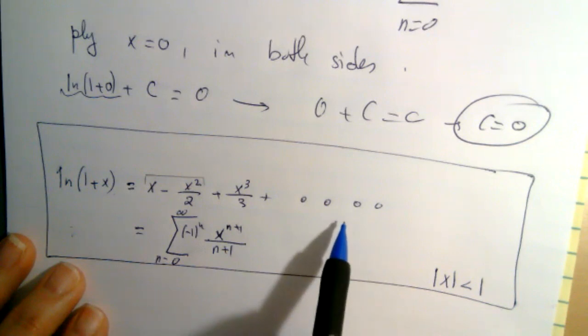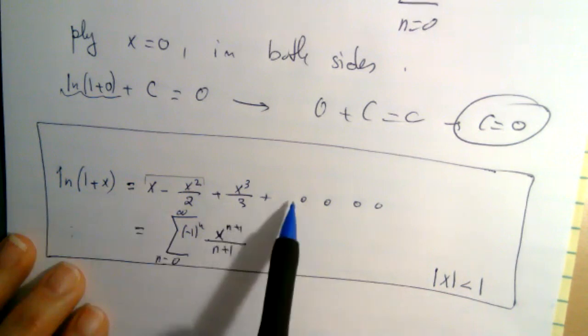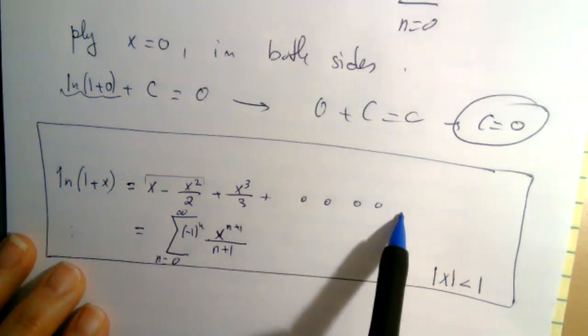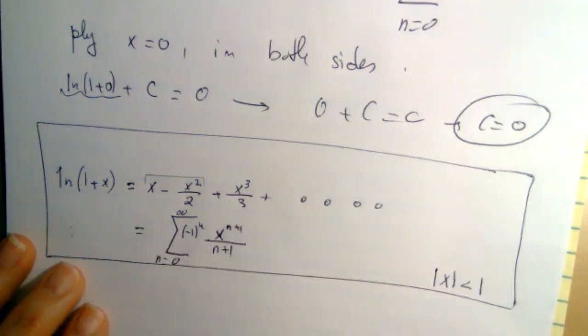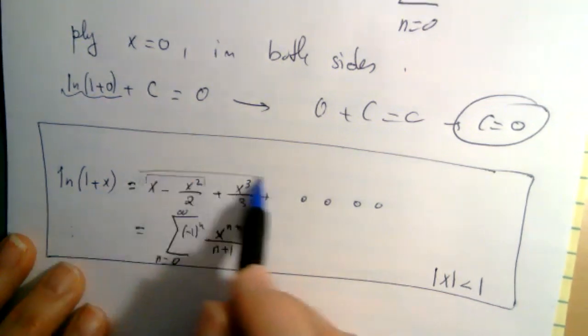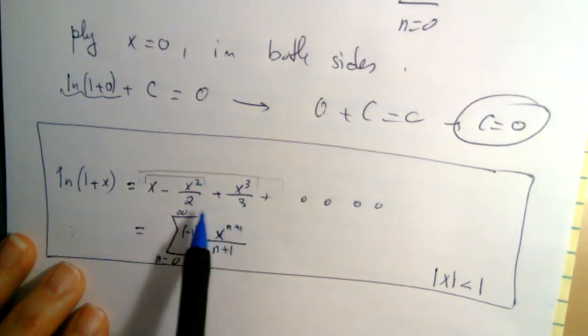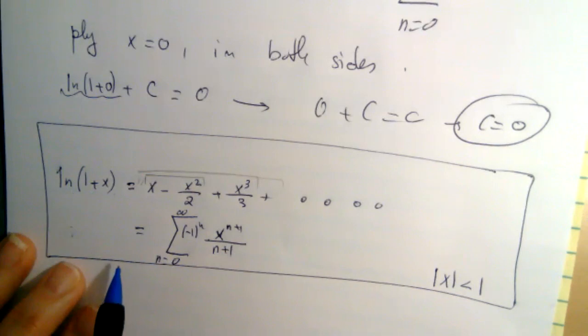But eventually, the idea will be, which we're going to talk about a little bit in the next section, that you don't have to take high degrees to approximate ln of 1 plus x. It means if I can start taking the first few terms, x minus x squared over 2, those will be enough to approximate ln of 1 plus x.